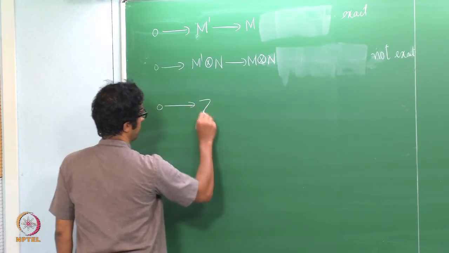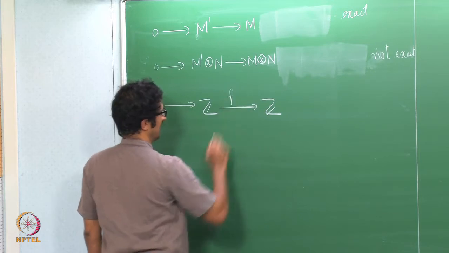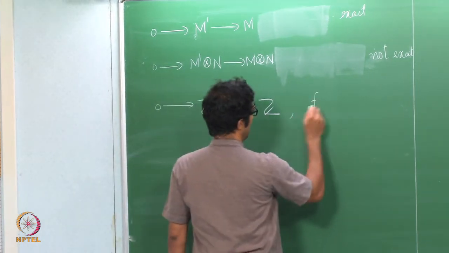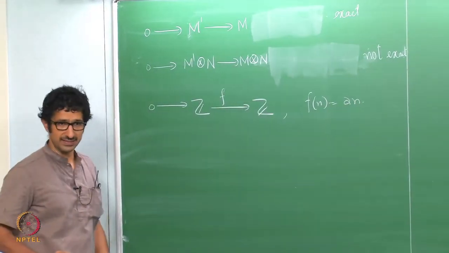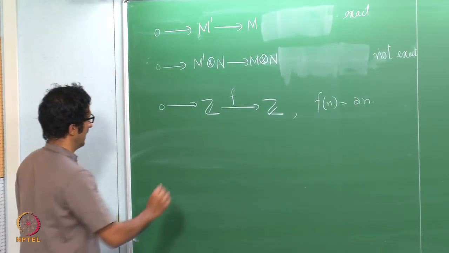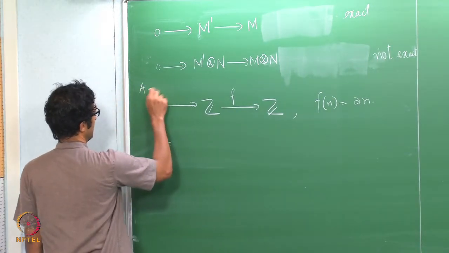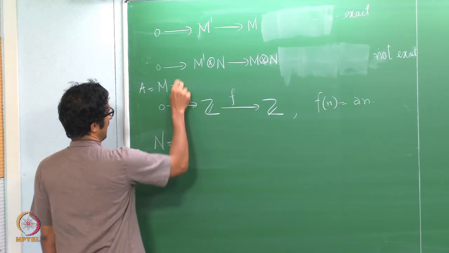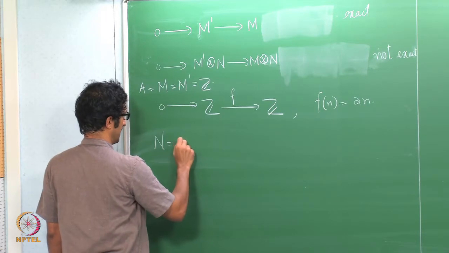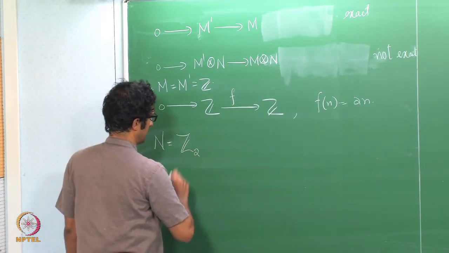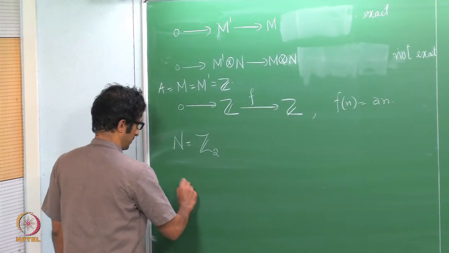If you look at Z to Z, this is multiplication, f of n equal to 2n. Take the multiplication by 2 and take N to be equal to Z2, that is Z mod 2Z, so your A, M' and M are all Z. Then what do we get?